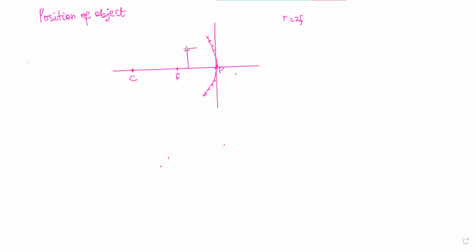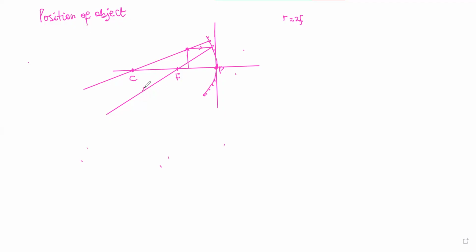A ray which is parallel to the principal axis, after reflection, the reflected ray must pass through F. A ray from the object hitting the mirror at 90 degrees, after reflection must pass through C. All other rules can also be used. Rays must be shown using arrows.